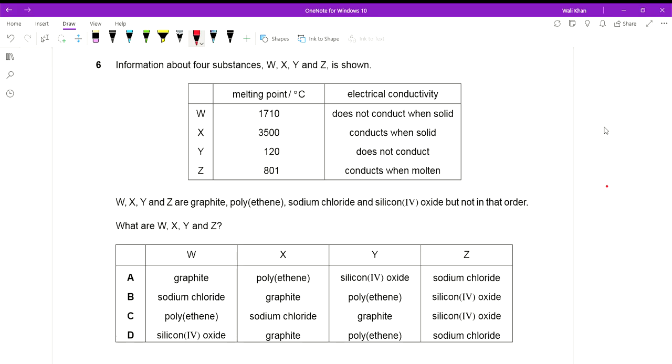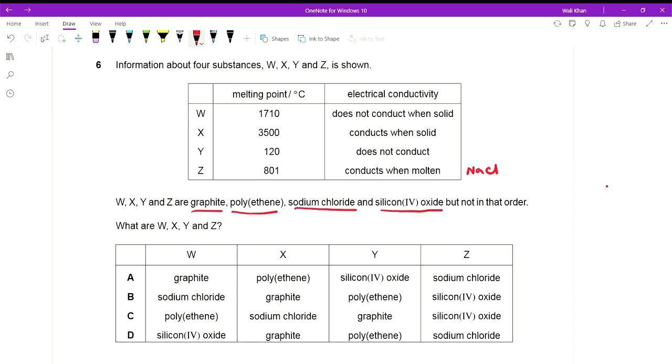W, X, Y, and Z are graphite, polyethylene, sodium chloride, and silicon oxide, but not in that order. What are W, X, Y, and Z? So, if you look at Z, its melting point is 801 and conducts when molten. So, it is sodium chloride. So, sodium chloride is mentioned at option D.